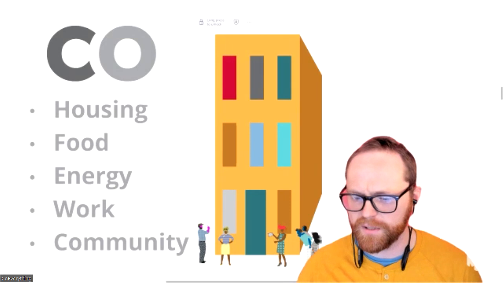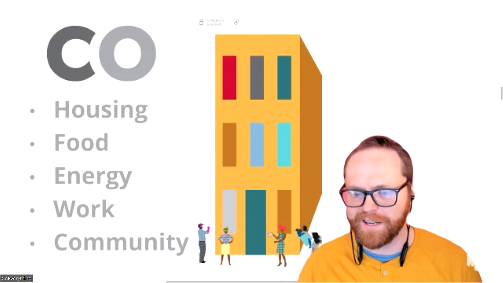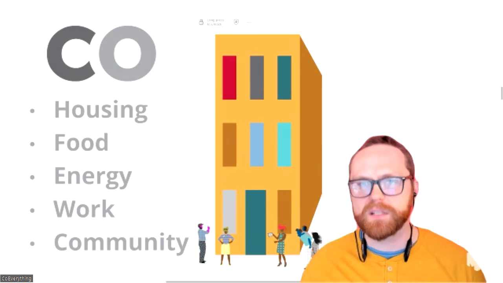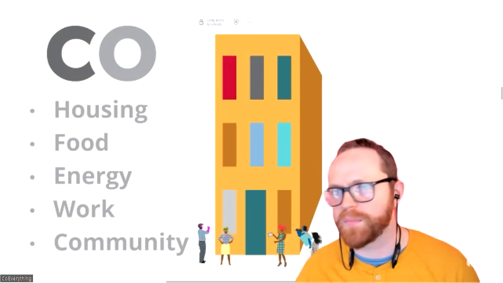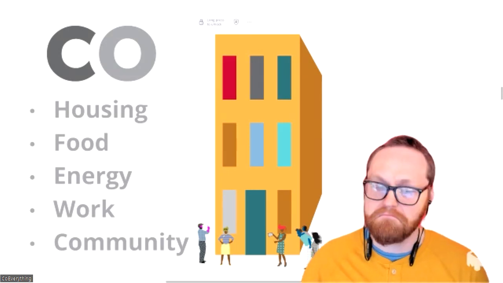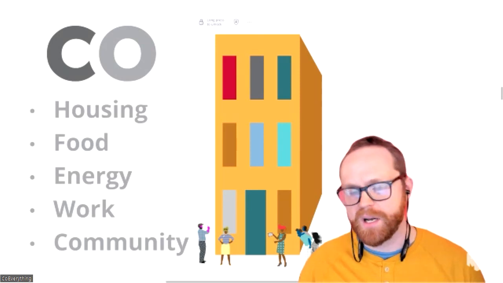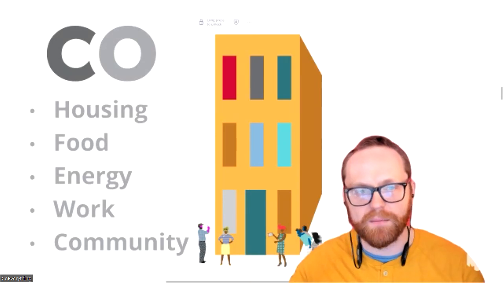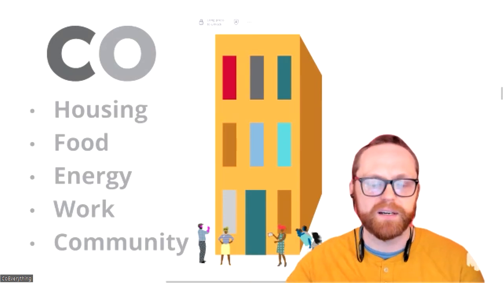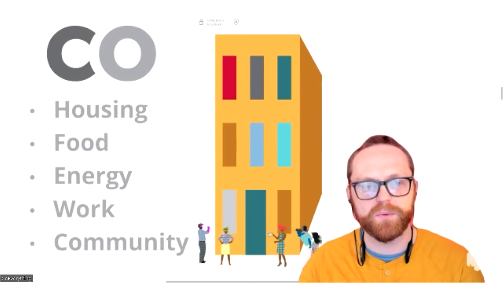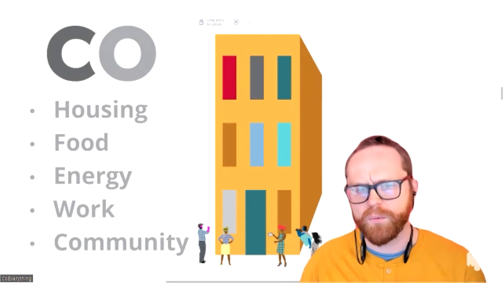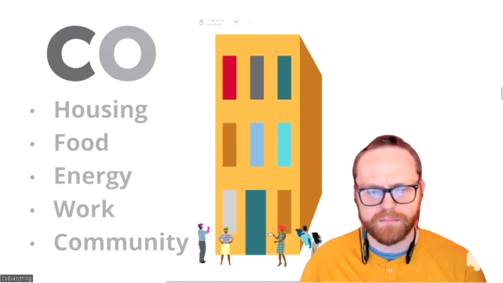Are there things out there that, if we look at this continuum of community engagement, somehow bringing more people into it, aren't better? And what we found is that there are probably some out there that aren't better, but a lot of these systems, somewhere along the spectrum, in some way of thinking about collaborative or community, cooperative engagement within housing, food, energy, work, and community, are going to result in better outcomes.